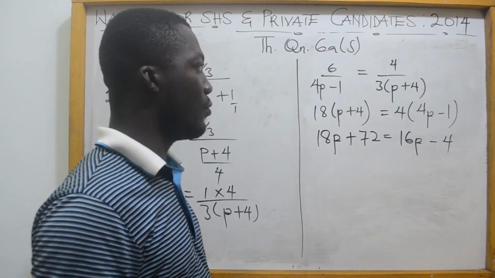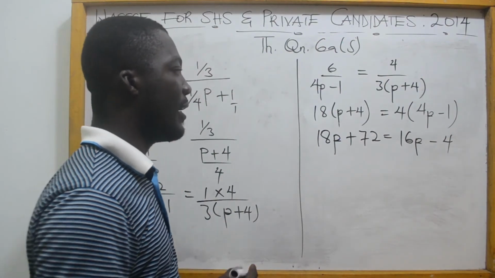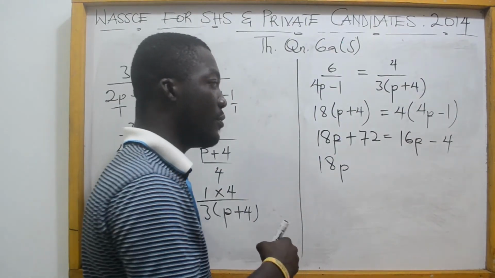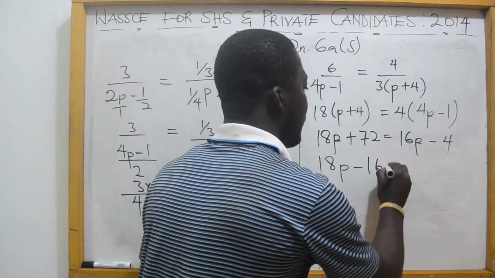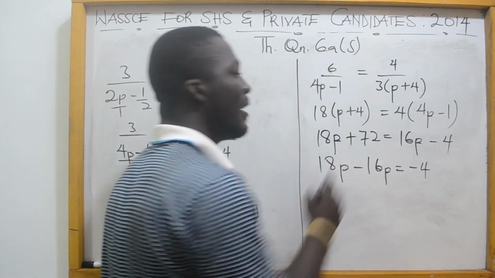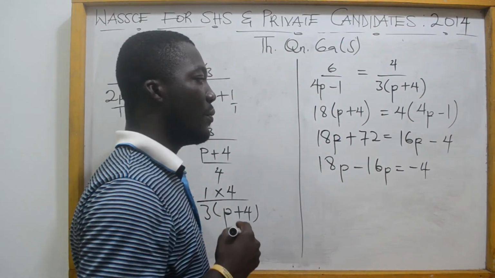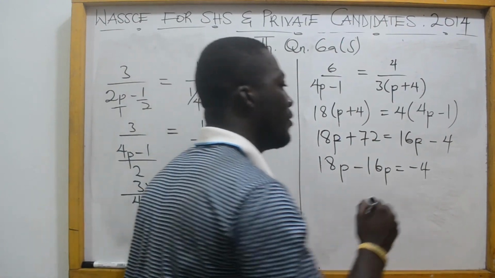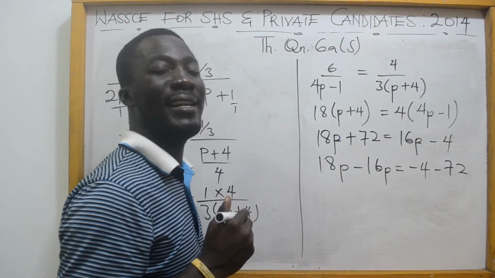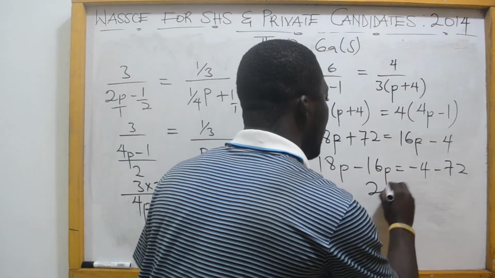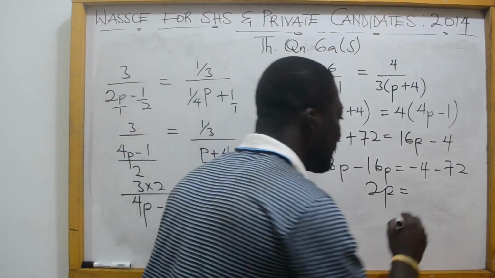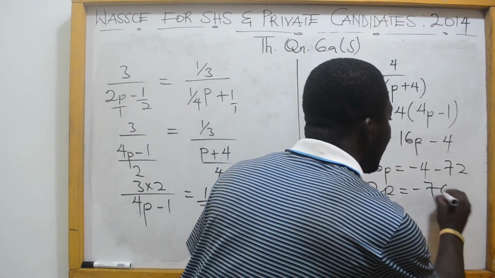So let's try to collect like terms. So 18p, this 16p will be transposed to the left hand side. So negative 16p is equal to negative 4, and the 72 will be transposed to the right hand side to become negative 72. 18p minus 16p is 2p is equal to negative 4 minus 72 is negative 76.